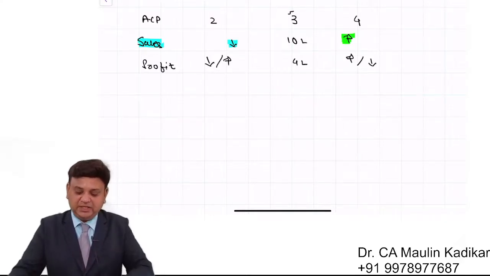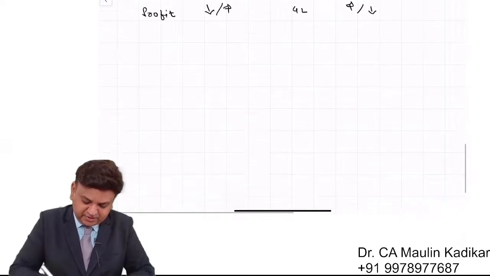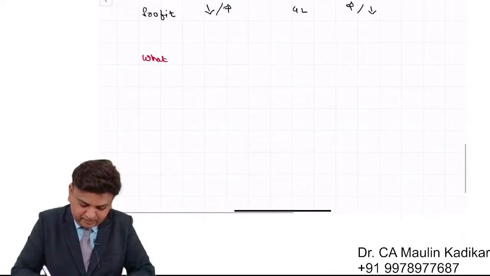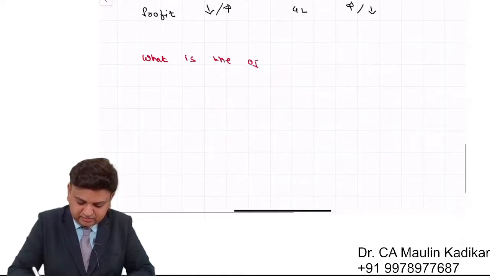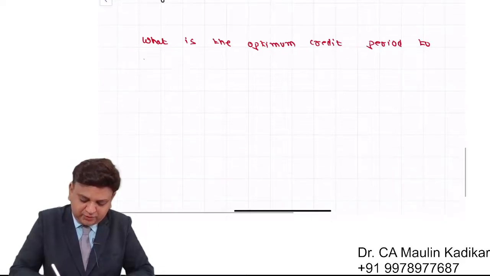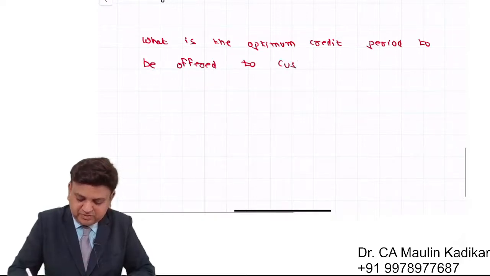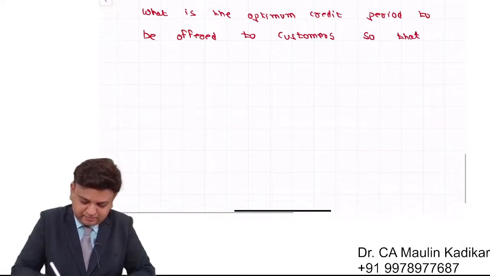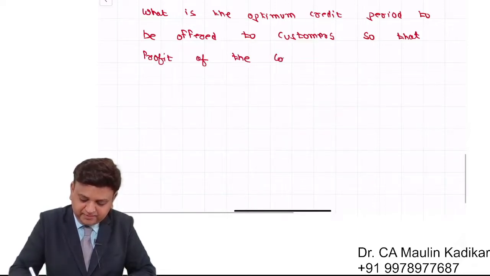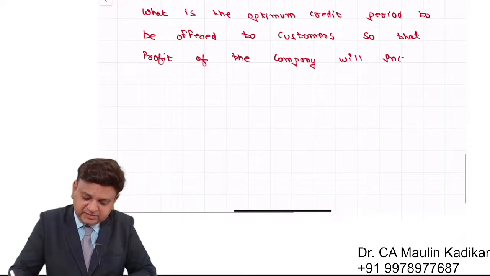Listen carefully, the learning point of the chapter is: what is the optimum credit period to be offered to customers so that profit of the company will increase.